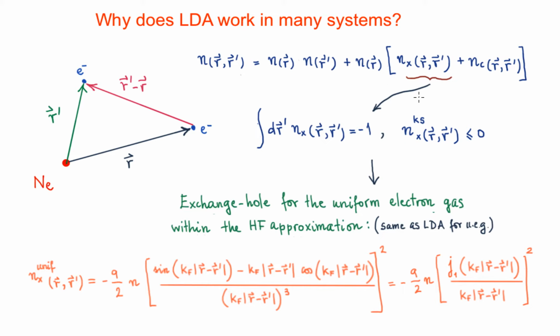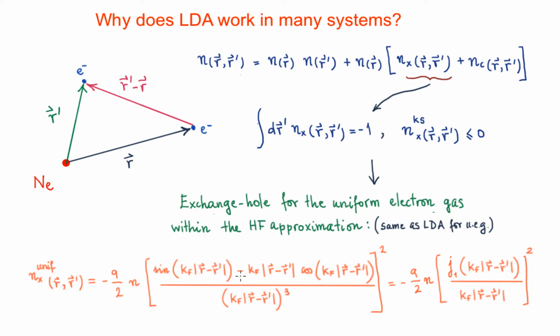So the exchange hole that we consider within the LDA approximation, in the Kohn-Sham method, where the electrons are considered independent and with no interaction, is actually the exchange hole for the uniform electron gas within the Hartree-Fock approximation. And it can be shown quite easily that this exchange hole for the uniform electron gas within this approximation is given by this expression here.